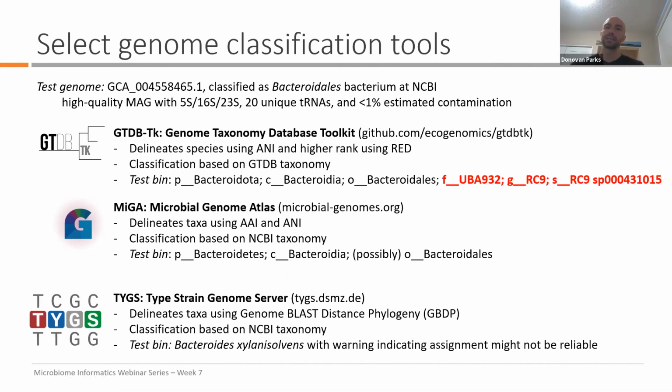So in this case, because this genome is very novel, what it tells you is that the most similar type strain is this Bacteroides species here. It then produces a bunch of warnings saying that, yes, this is the most similar type strain, but it's really not that similar to this type strain. It's clearly something that's very novel. So it's a different view of your data that is very useful if you're mostly interested in comparing things to type strains.